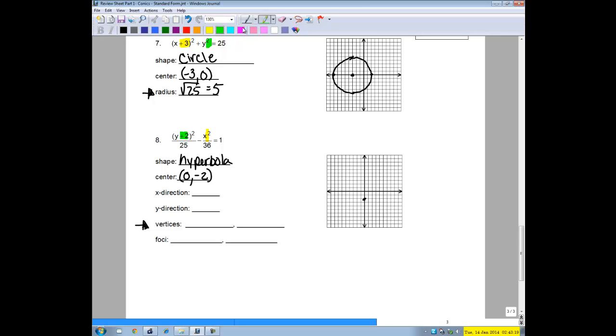My x direction is the square root of what is with my x. So the square root of 36, which is 6. So 6 to the right and 6 to the left. My y direction is the square root of what's under my y. So the square root of 25, which is 5. So 5 up and down.